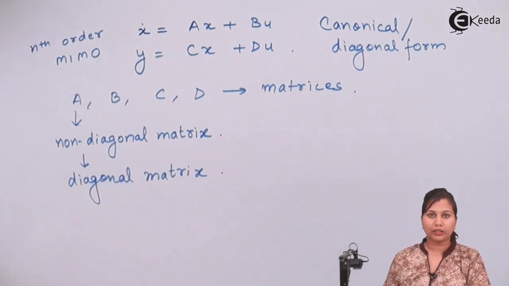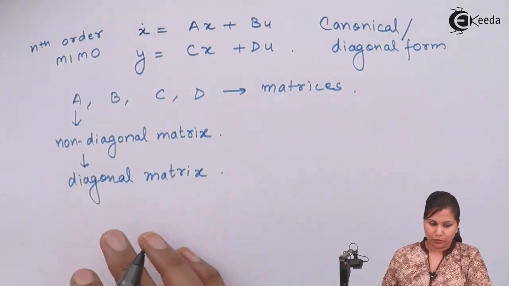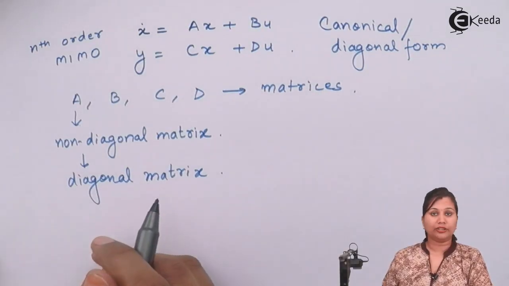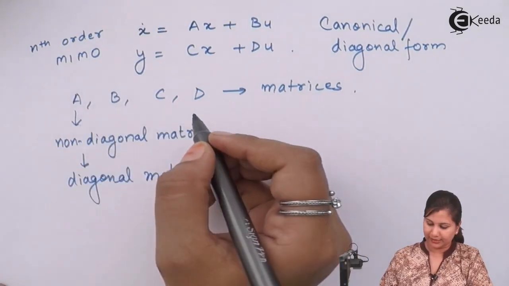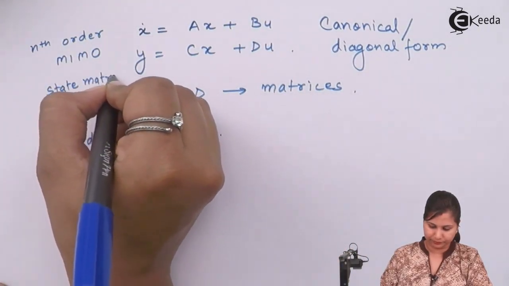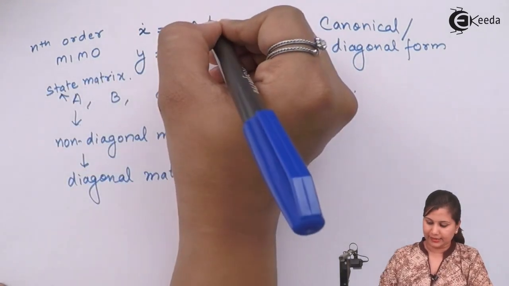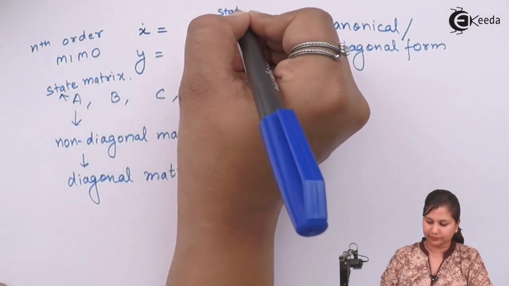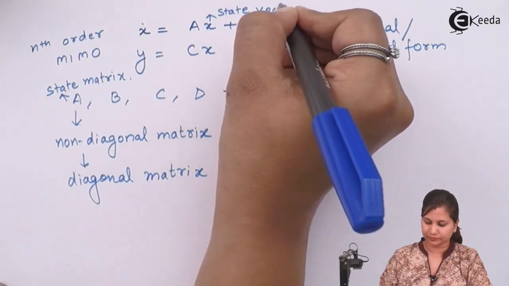So how can we convert it? Let's see. A is the state matrix and x is the state vector.